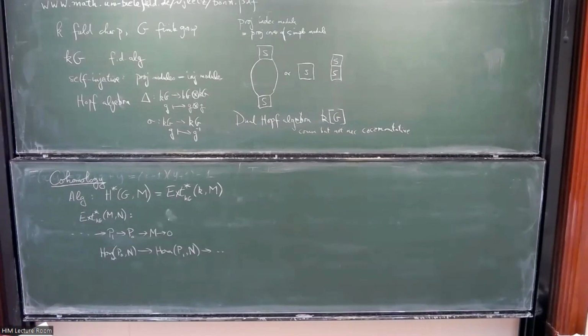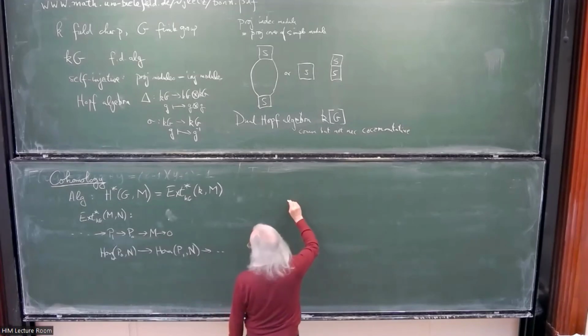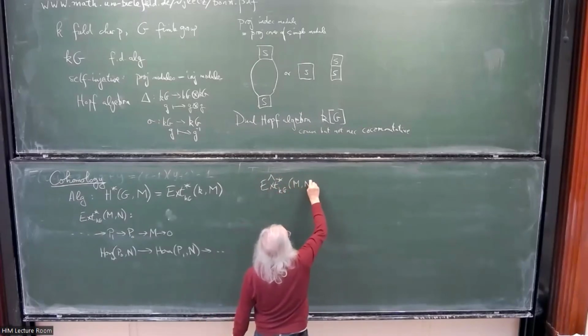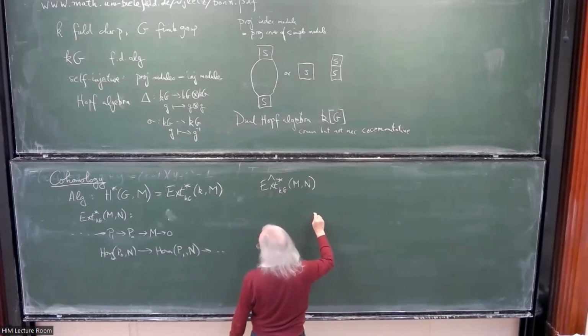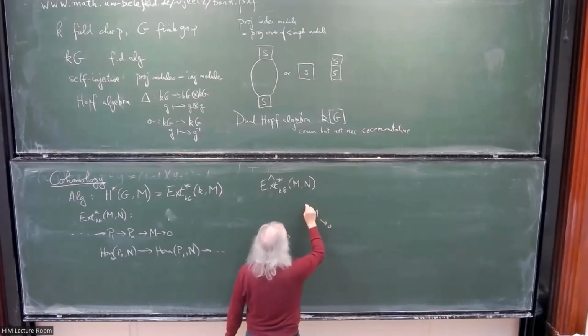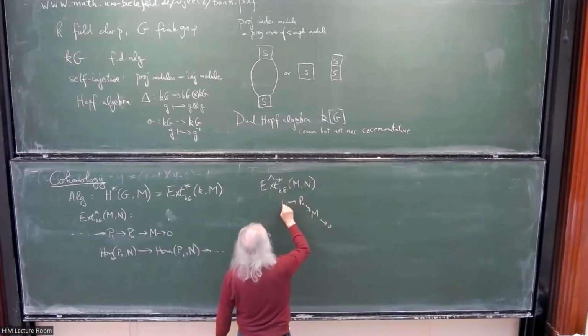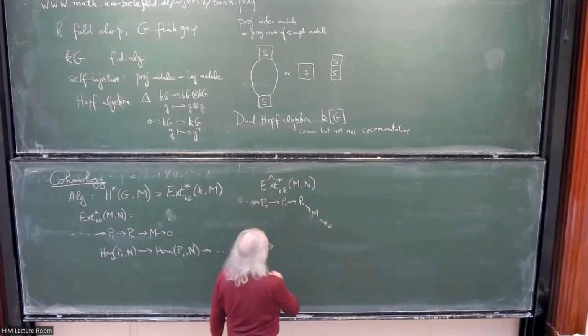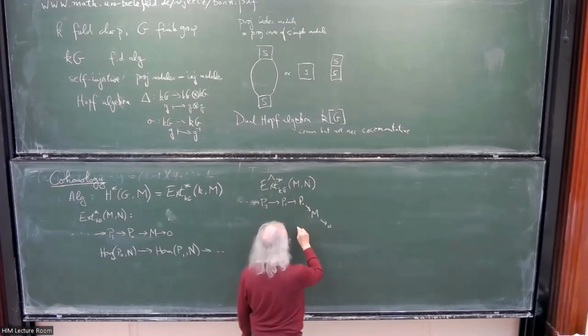But we also want to talk about Tate cohomology. And this is where the fact that projective modules and injective modules are the same thing really starts to become important. So for Tate cohomology, in order to define Ext hat star KG, you don't just take a projective resolution of M, but you also take an injective resolution and you tack them together.